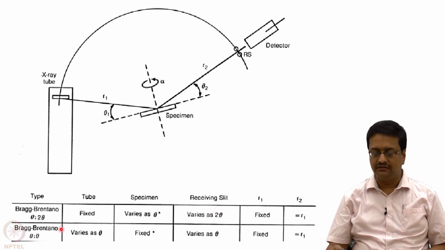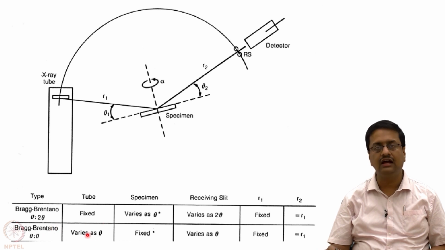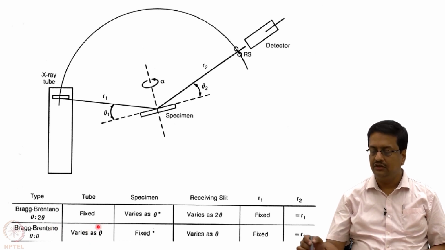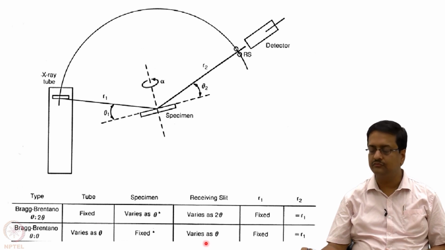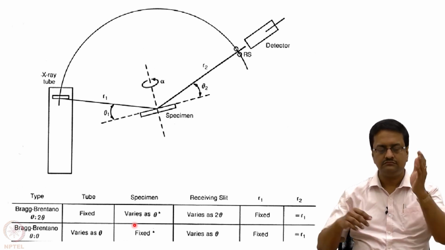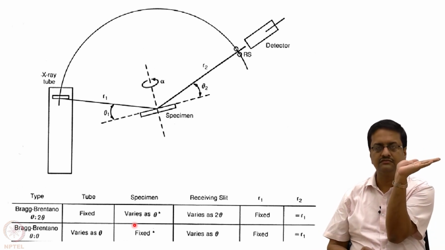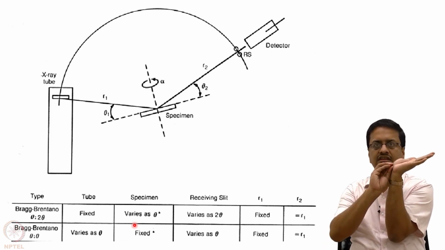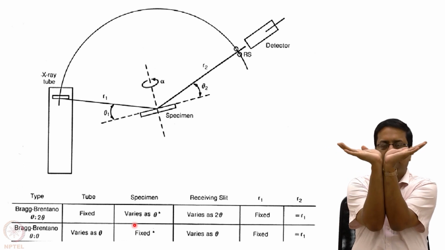On the other hand, the Bragg-Brentano theta-theta geometry is something where you have the X-ray tube and the detector moving together, keeping the sample fixed in the middle. So if the source is giving beam like that, you have the sample in the middle and the detector is like this.